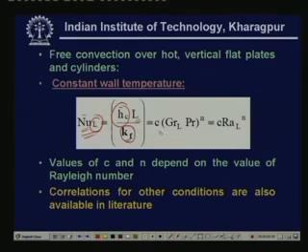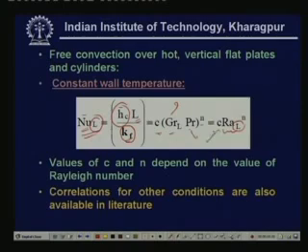Okay. That is equal to C into (Gr subscript L into Pr) to the power of n, where Gr is the Grashof number, Pr is the Prandtl number, and the product of Grashof and Prandtl number is another number called the Rayleigh number, okay, Ra. And here the subscript L means the characteristic length is L, that is the height of the plate, right.